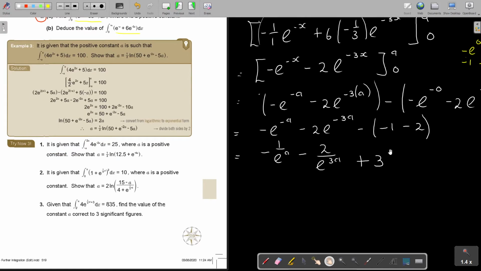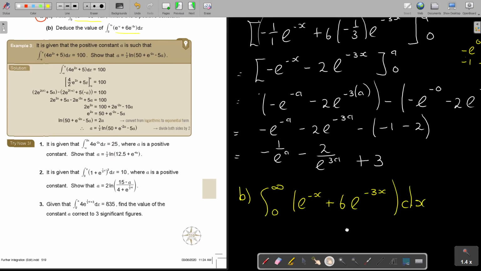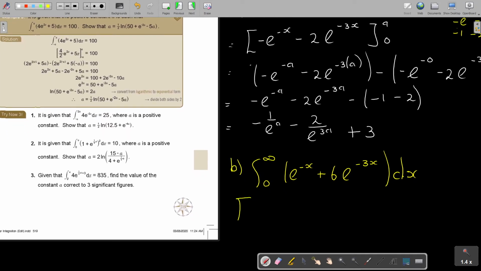I can just show you number B. It's to infinity, and that's why I'm doing it for you. And then it's going to be e to the minus x, this is exactly what I integrated, sorry, e to the minus 3x. So I used the answer I got. The answer I got was that, it's negative because that's why they let you first do it, plus 3.